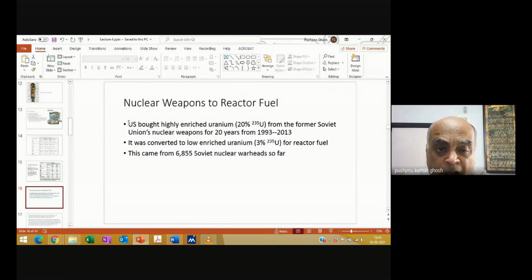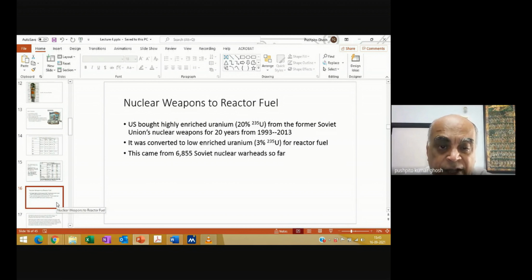Quite a bit of uranium has actually been converted from weapons into nuclear energy. They dismantled something like 7,000 nuclear warheads, up till now, to convert it into low-grade uranium. The irony is the amount of time and money that they spent enriching it to 20%, and then they had to dilute it again, and come back to the typical 3% uranium-235, which is required.